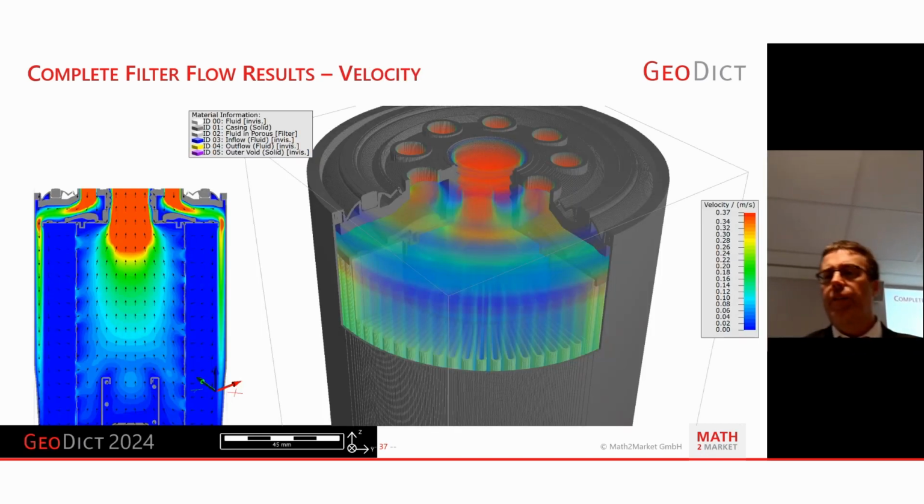Here, for example, we have the absolute velocity field in a transparent view on the right side, especially highlighting everything going through the filter element.